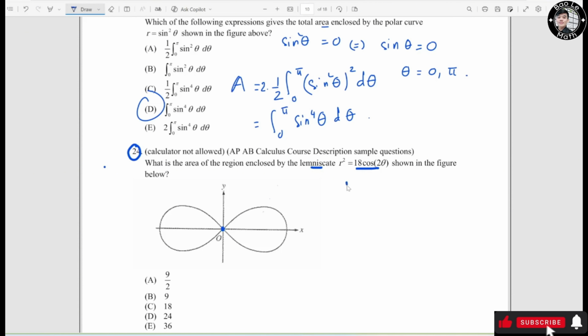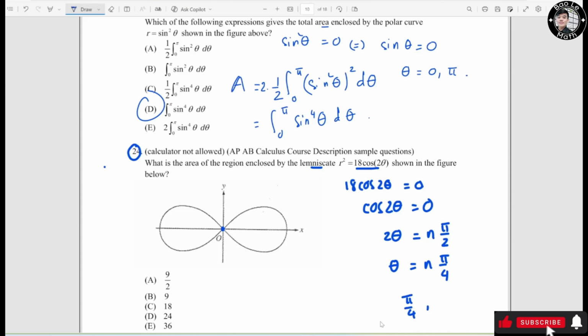So we let 18 cosine 2 theta equal 0, so cosine 2 theta equals 0, and 2 theta equals n pi over 2, so theta equals n pi over 4, where n is an integer. If n equals 1, we get pi over 4. If n equals -1, we get negative pi over 4. So this one is negative pi over 4, and this one is pi over 4.